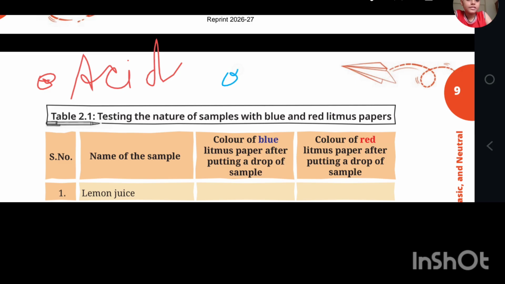This color indicates base. And this color, neutral.